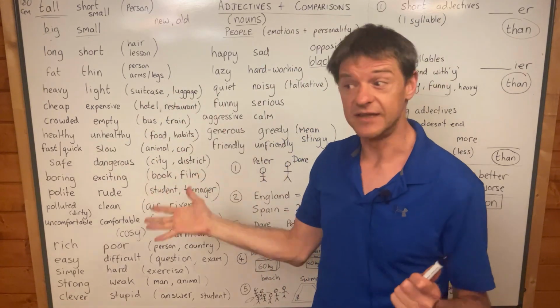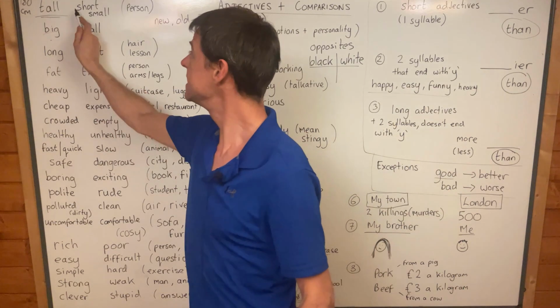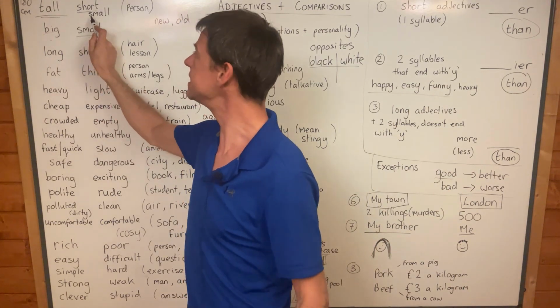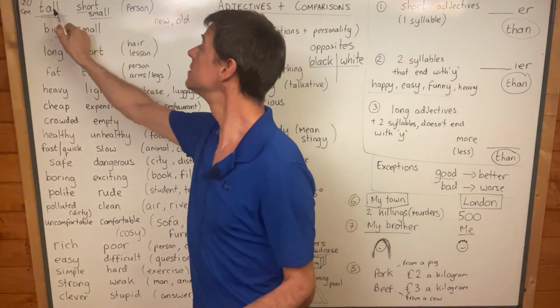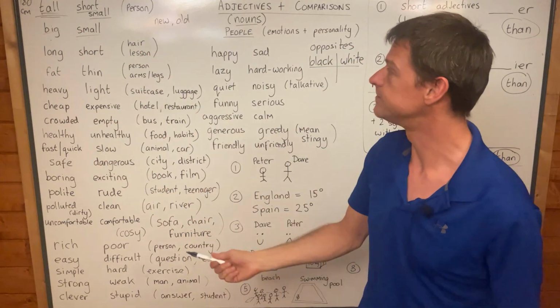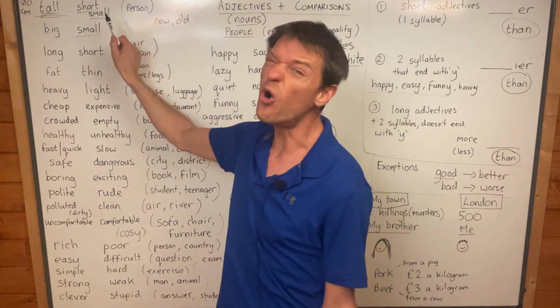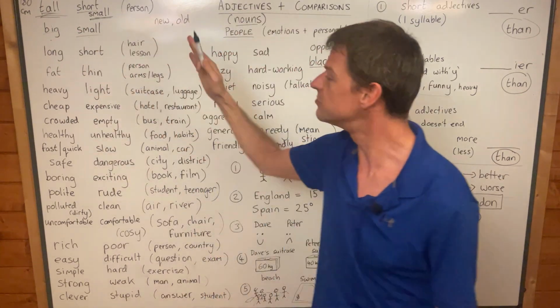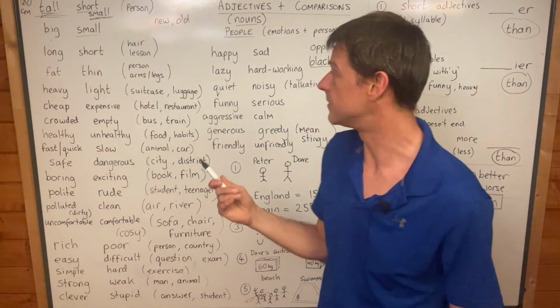My wife is maybe 150 centimetres, so she is short, or she is small. But I am tall. So a tall person, a short person, or a small person. Okay?